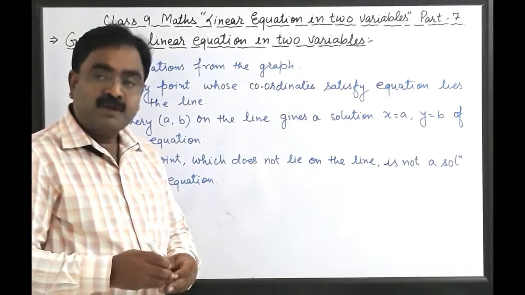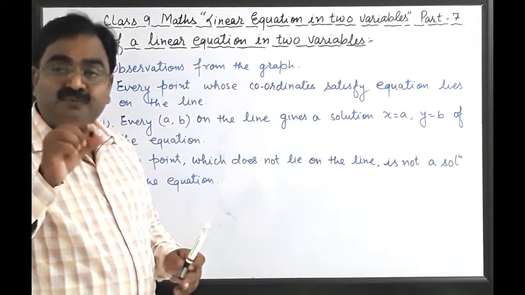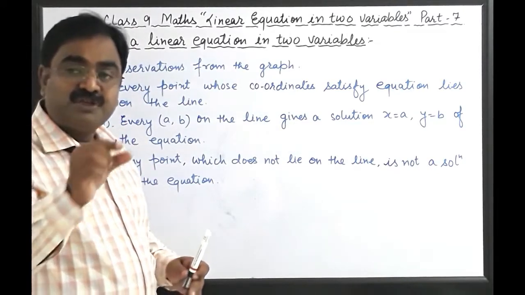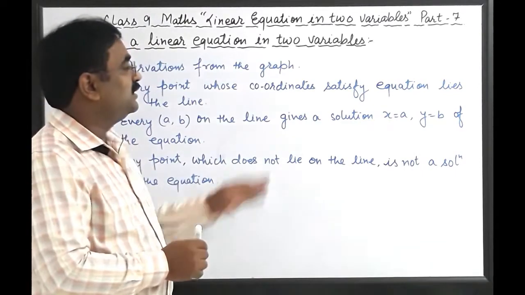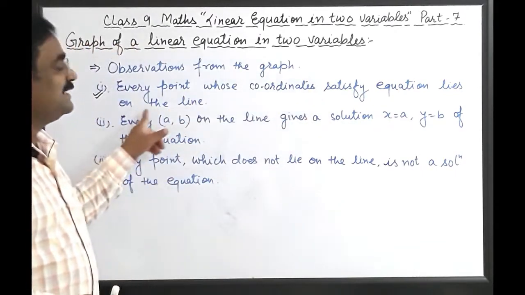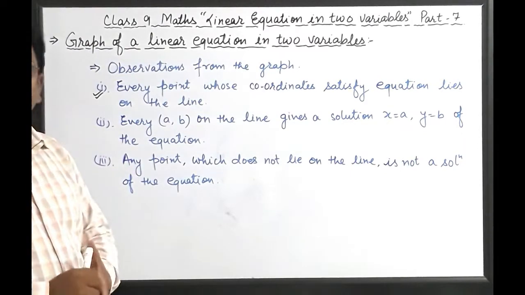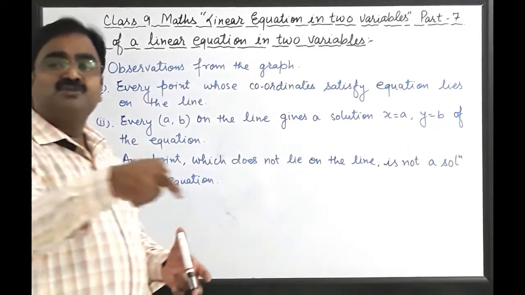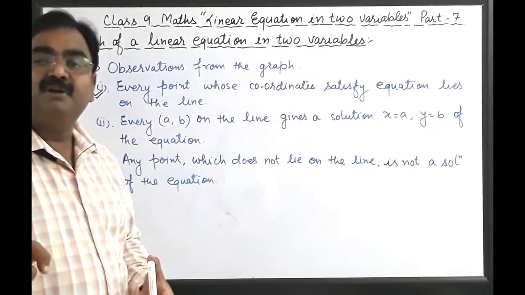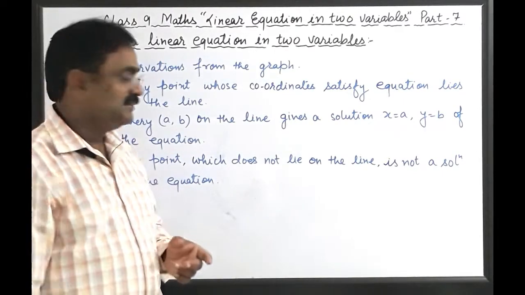Means the coordinates who satisfies the equation, they always lie on the line. याद रखना, वो पॉइंट्स जिसका कोऑर्डिनेट्स इक्वेशन को सेटिस्फाई करेगा वो लाइन पर लाई करेगा, ये याद रखना.